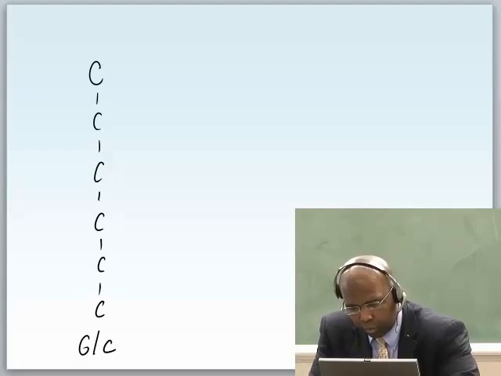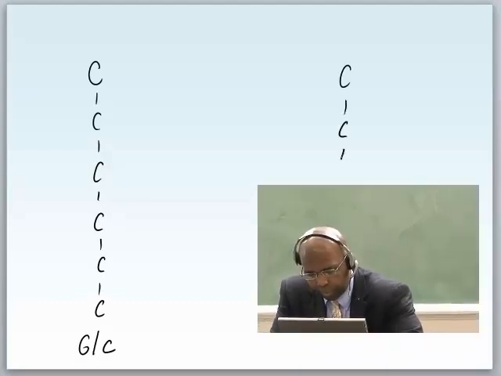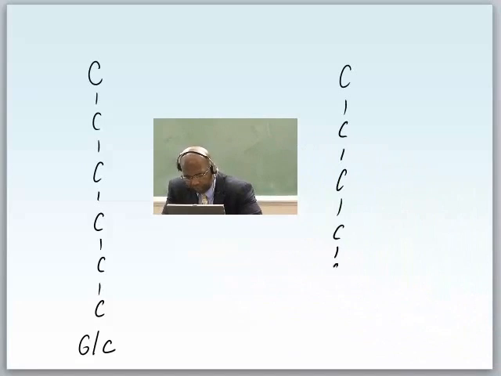So I'm going to draw glucose first. 1, 2, 3, 4, 5, 6. Okay, this is going to be glucose. And over here, 1, 2, 3, 4, 5, 6. This is going to be fructose.